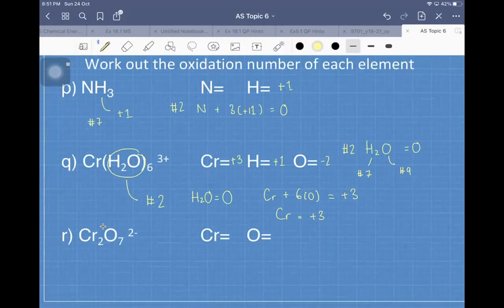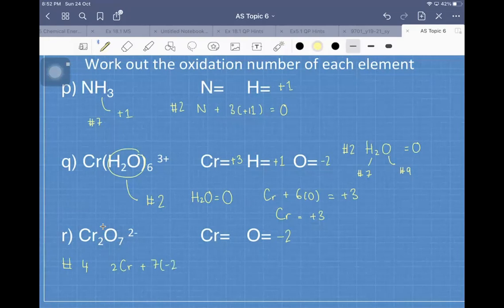Cr2O7 2 minus, the priority given here would be of oxygen, so oxygen will be -2. Rule number 4 says that if we add up all the oxidation numbers of all the atoms in Cr2O7 2 minus, which is your dichromate ion, you should get the sum to be equal to the charge.